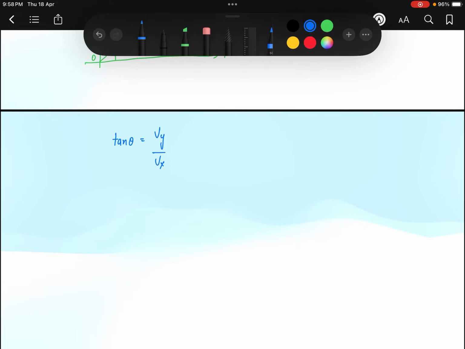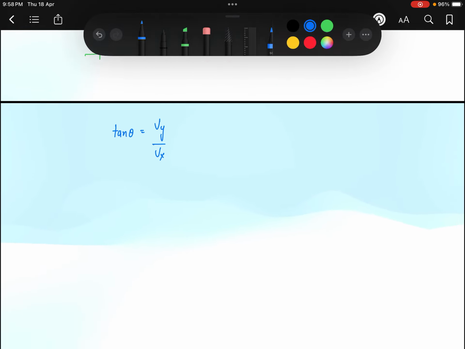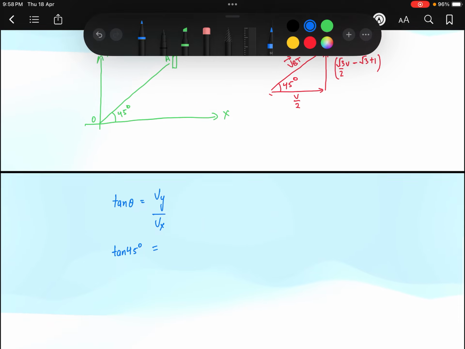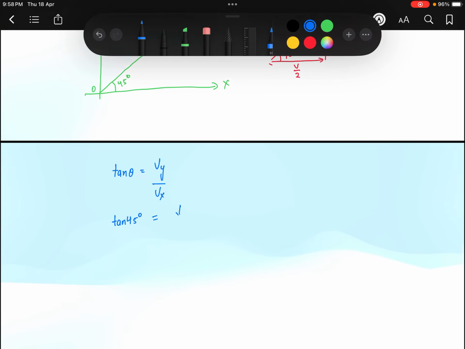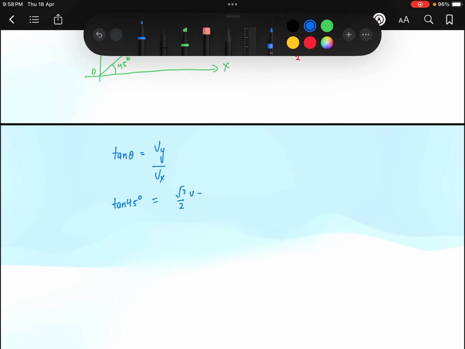So substituting the value of theta equal to 45 degree, tangent 45 will be equal to, what is the value of Vy here, that is root 3 by 2 V minus root 3 plus 1, divided by Vx.